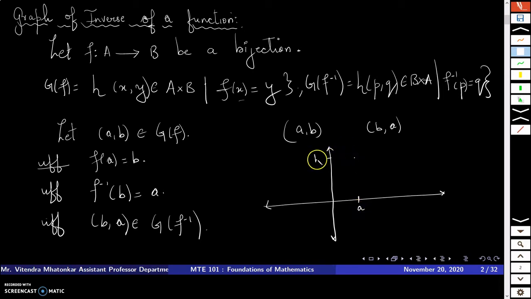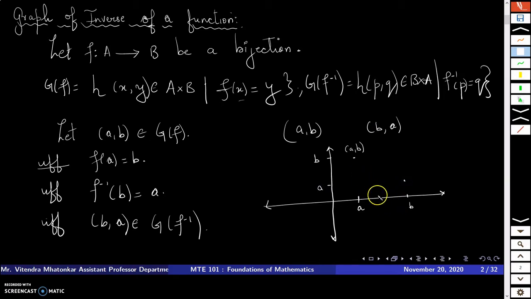Okay, approximately I'll just mark this distance as A comma B. Then where will the point B comma A lie? On the x-axis, B will be somewhere here and A will be more or less here, right? So that will be here.